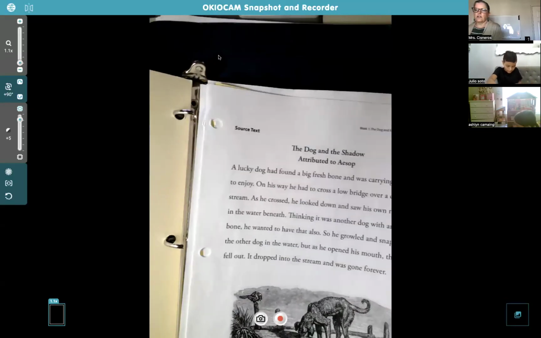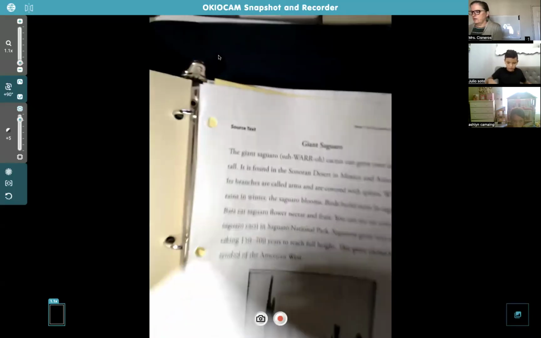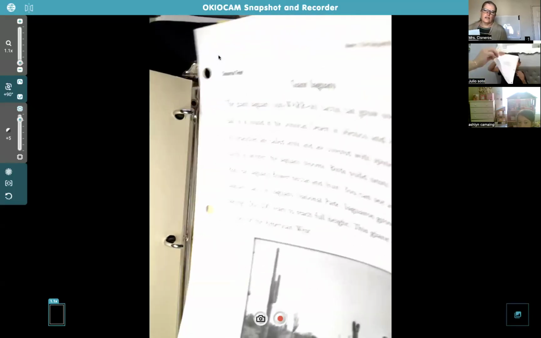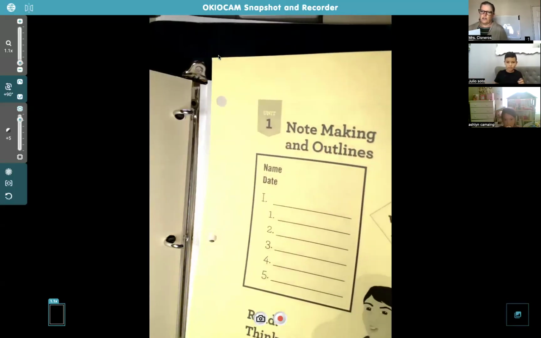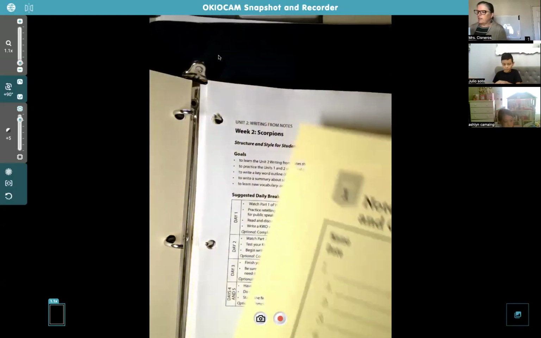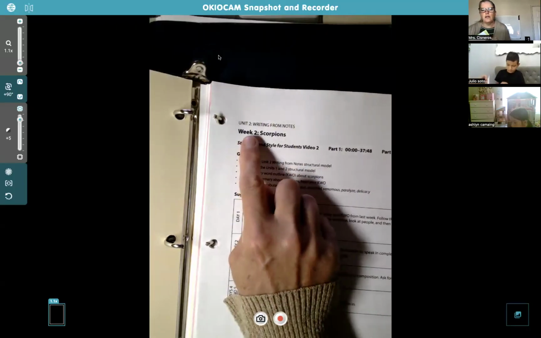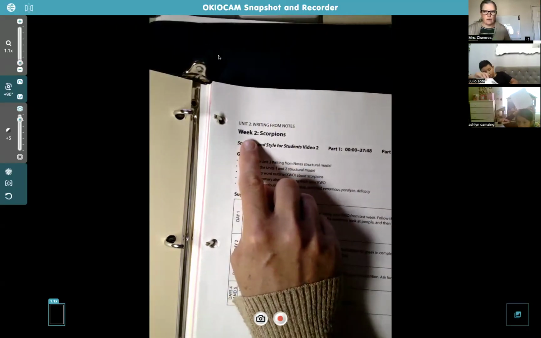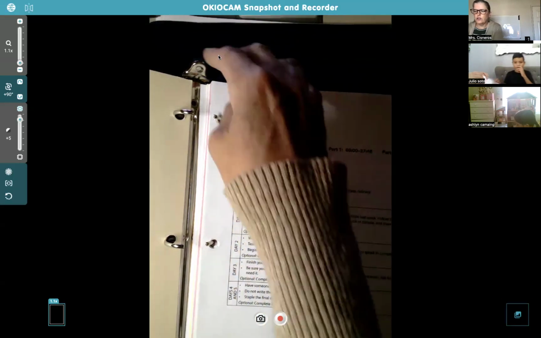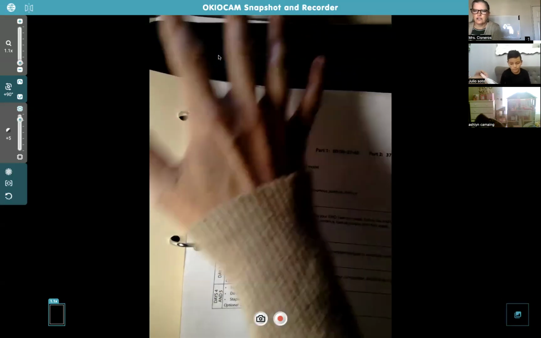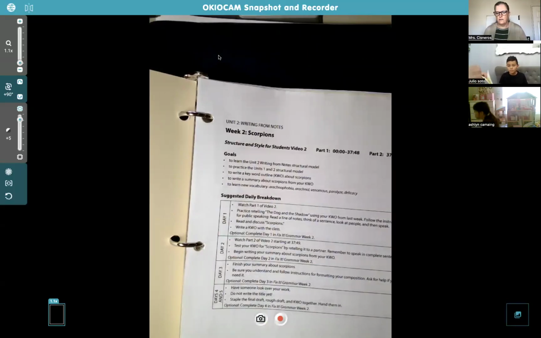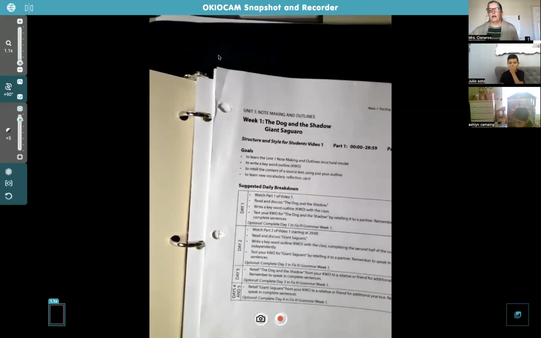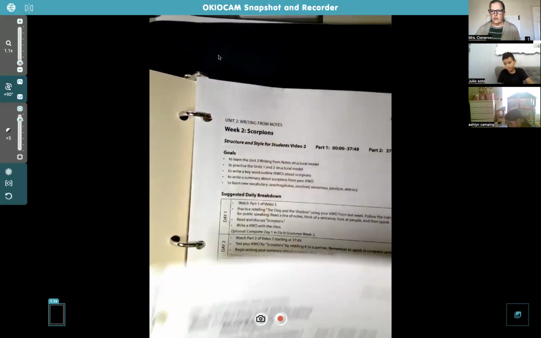There's this one, Dog in the Shadow, Giant Saguaro. It has a picture of a cactus, and then a yellow page like that. And once you see week 2 in your binder, don't take that one out yet. Leave that and close your rings so it clicks closed, okay? Before you close up your binder, you're going to take out week 1. And that's it. You close your binder.